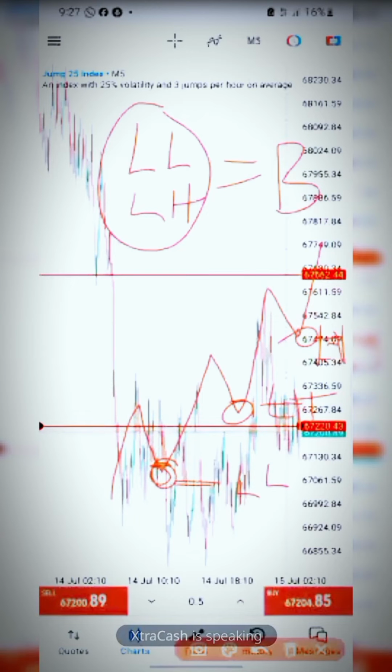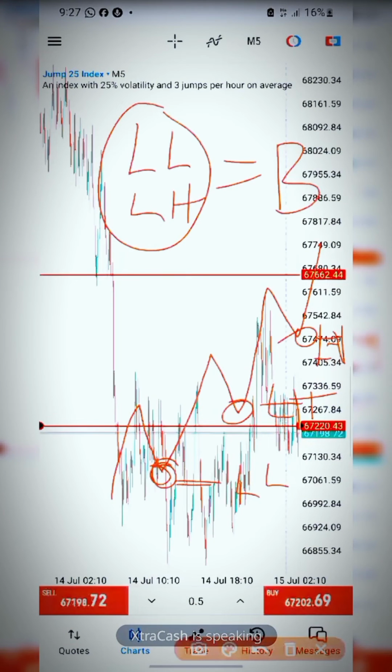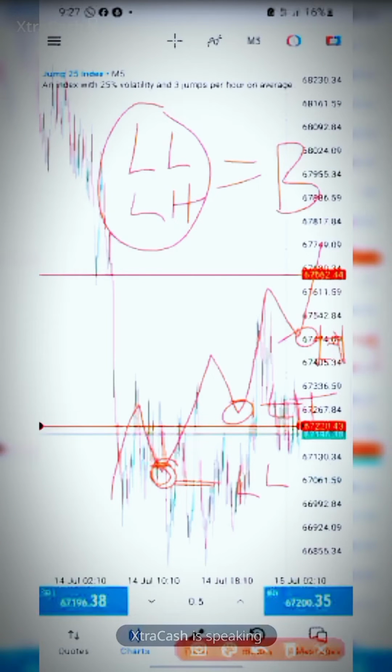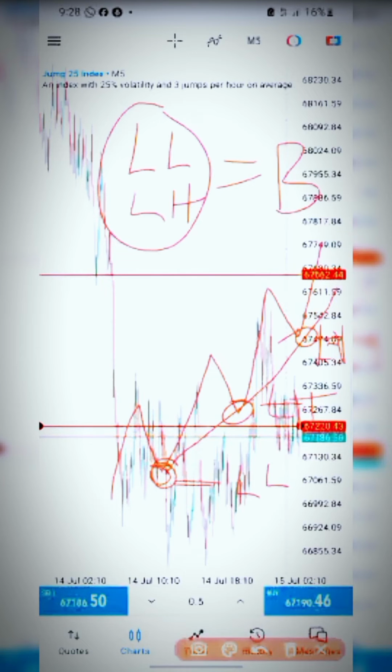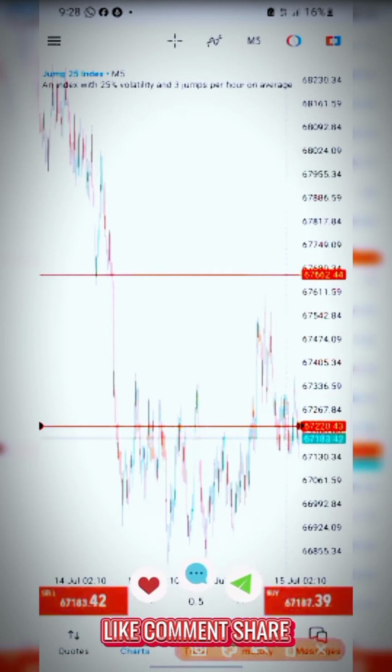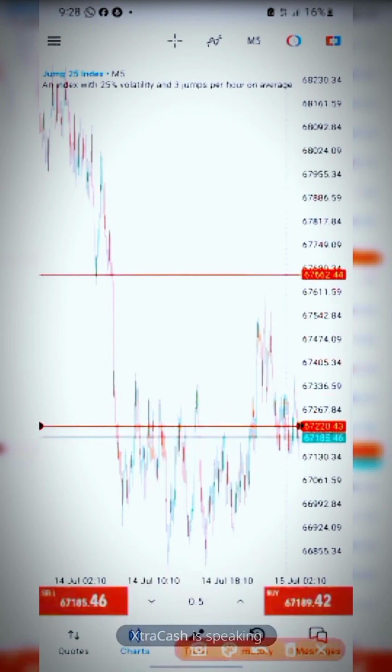Now, this makes it easier. If you can identify your lower low and your lower high, what you would do is get what we call a trend line. I will show you how to get a trend line. It's just for you to connect point 1 to point 2 to point 3. It's easier when you identify your lower low and lower high while the market is trending.